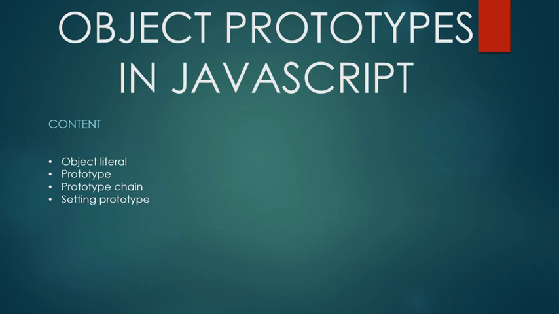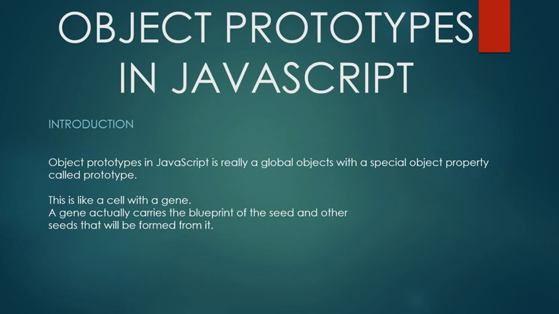All right, introduction. When we look at object prototypes in JavaScript, it's really a global object with a special object property called prototype. In my own terms, or to put it where you can get it, it's like a gene in a cell.